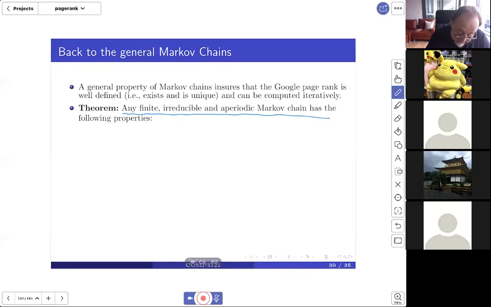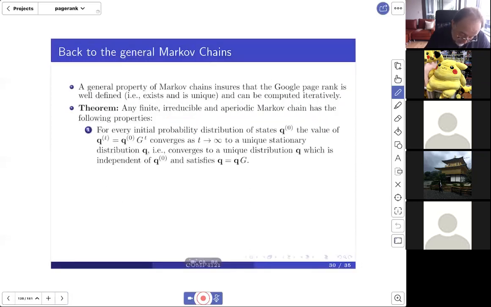Any finite, irreducible, and aperiodic Markov chain has the following properties. For every initial probability distribution of states Q0, the probability distribution after T many transitions converges to a unique stationary distribution Q, to a fixed vector, right? Which is independent of the starting distribution.